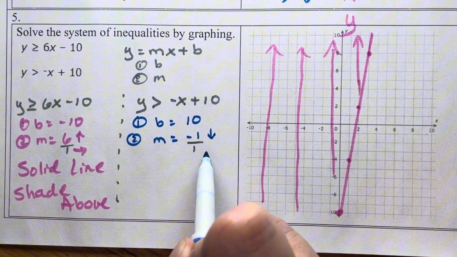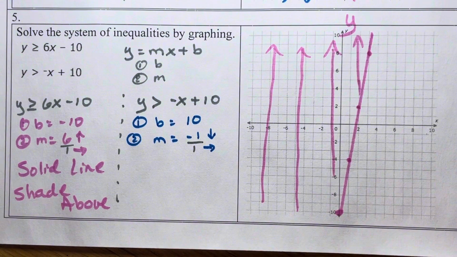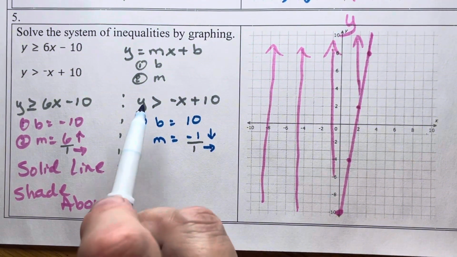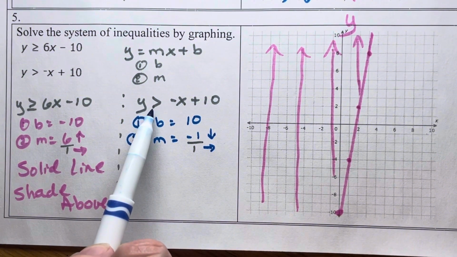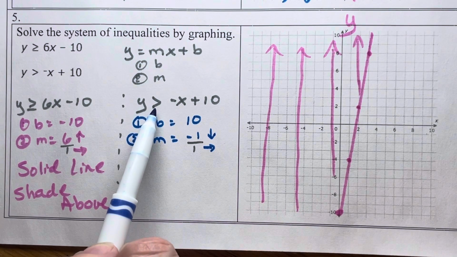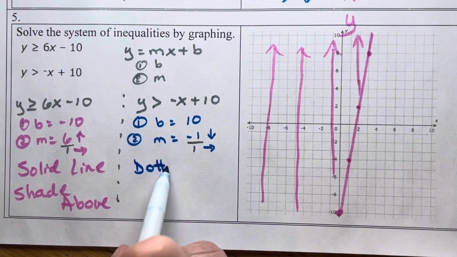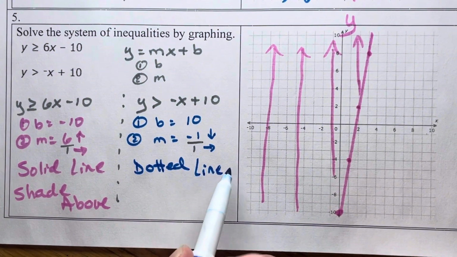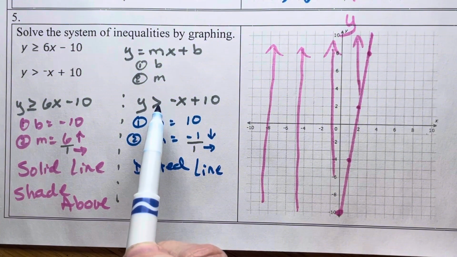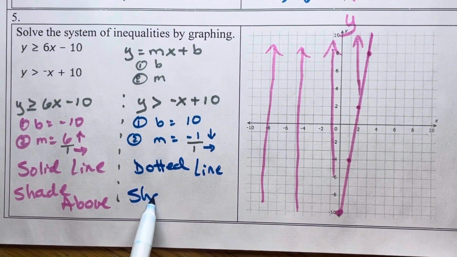And because that 1 is negative, we're going to travel down and to the right. Our inequality symbol tells us that because this is only a greater than, there is no or equal to, this is going to be a dotted line. And because it is a greater than, we are going to again shade above.